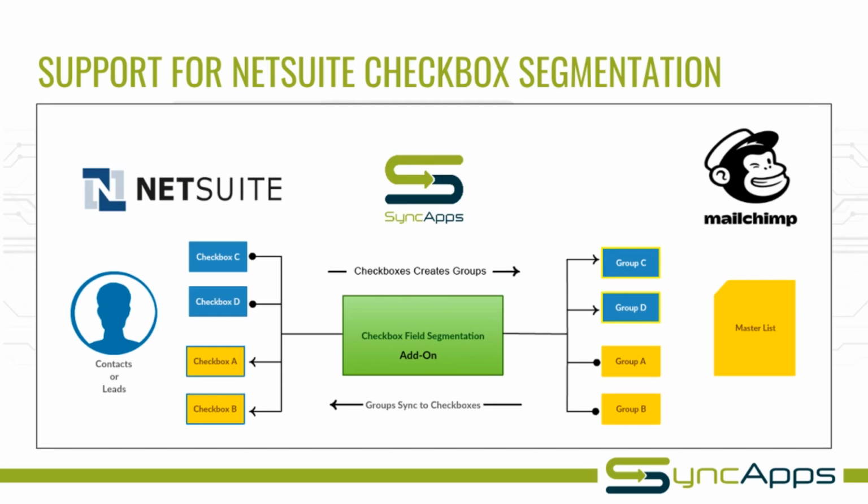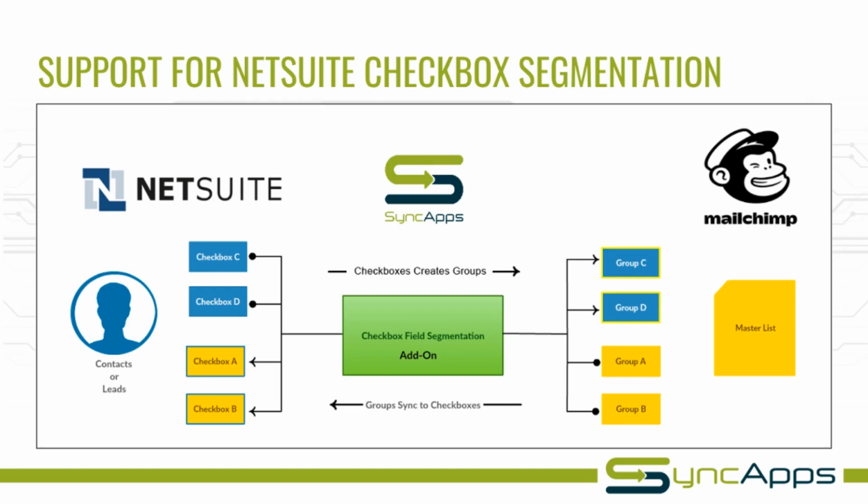For example, you have a NetSuite contact and you have checkboxes A to D, and he has checked all of those checkboxes. So in your Mailchimp or in your marketing automation list or group, that contact will also belong to those groups that you have mapped within SyncApps.